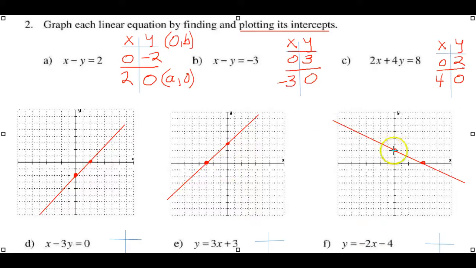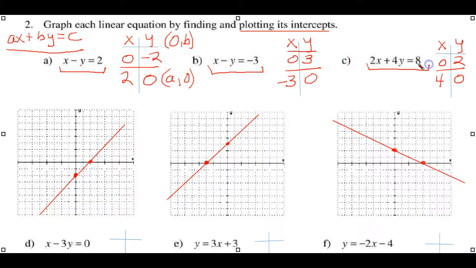Your y-intercept, your x-intercept. And if we haven't mentioned this yet, when you see an equation in the form ax plus by equals c, this is standard form, and these equations are in standard form.